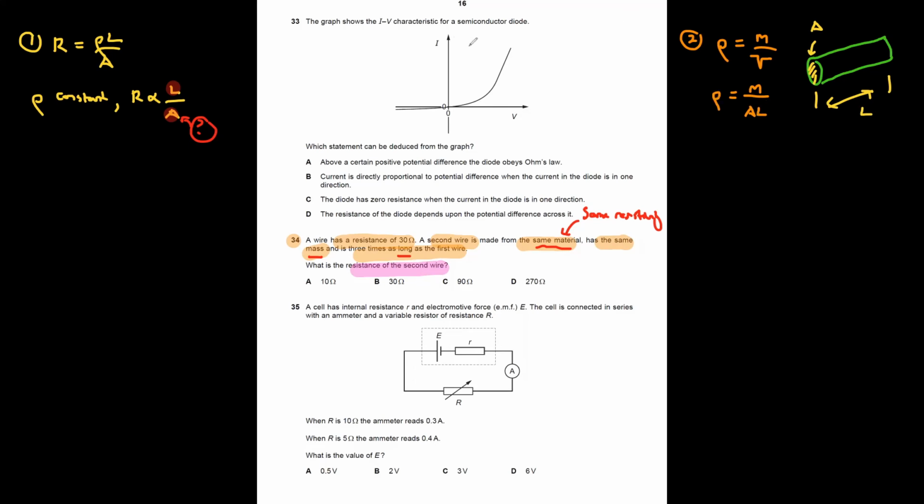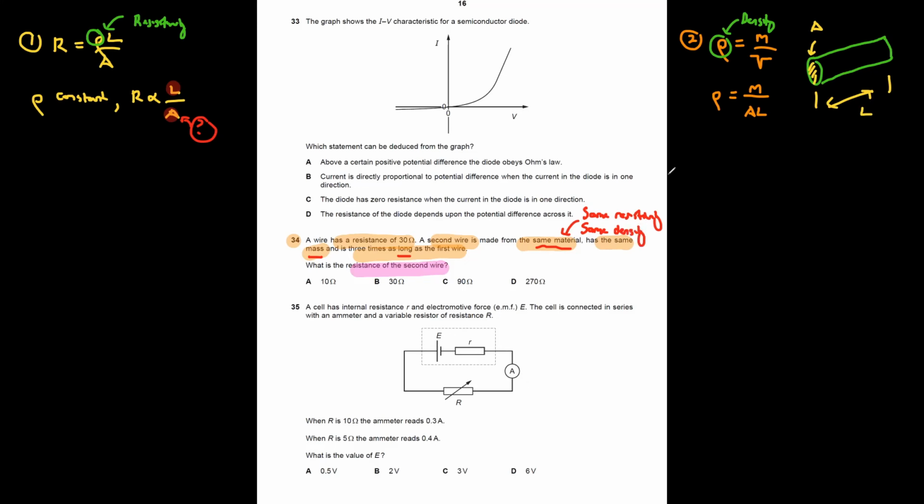So now you have two different density symbols. Don't confuse one for the other. This one is resistivity. This one is density, okay? Now, when the question mentioned that you are making the wires out of the same material, not only does it mean you have the same resistivity, it also means you have the same density.